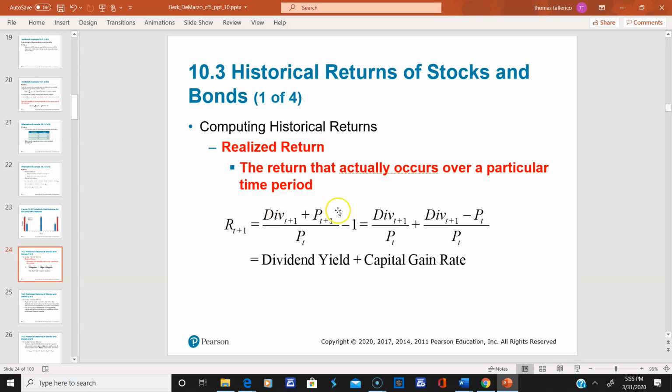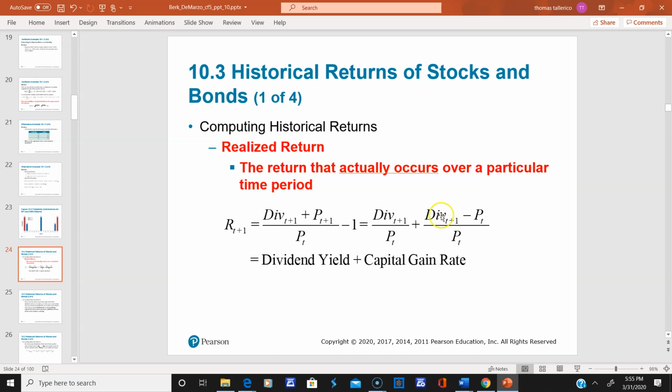Here's your final price. Now they subtract 1. So actually, let's write it the way we saw it. Everyone should know what this is right here, right? This is called the dividend yield. This is how much of a dividend you're getting on your stock, right? You see that? And this is called what? This is called the capital gain rate, okay?